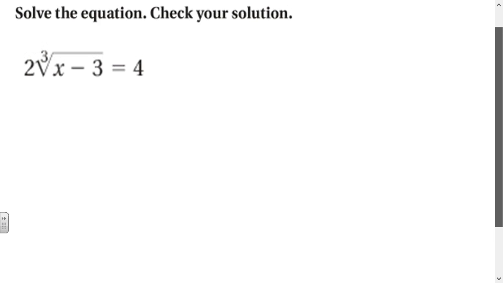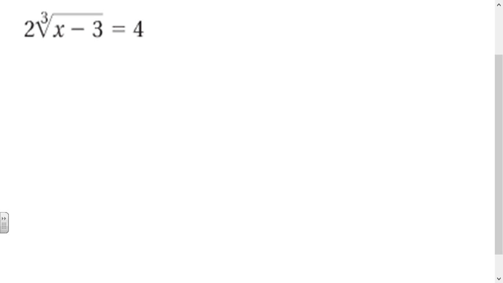All right, so we're going to solve the equation and check our solution. First, we always have to make sure that the root is by itself before we try to cancel it out. So there's this 2 that's multiplied in the front that we need to cancel out. So first we're going to divide both sides by 2.